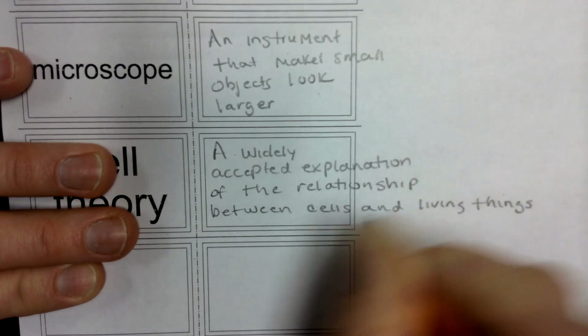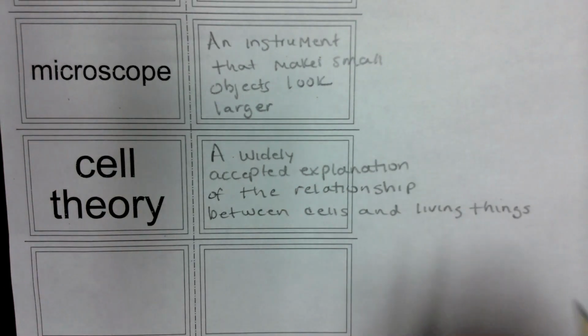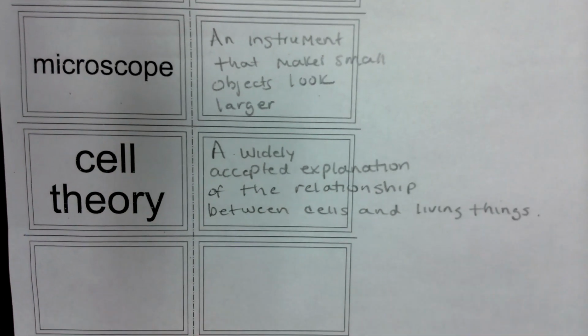A widely accepted explanation of the relationship between cells and living things. And the first part of cell theory is, you already actually know it, it's that all living things come from living things. And so, there you go. Sorry, I was in the middle of a thought when I was saying that.